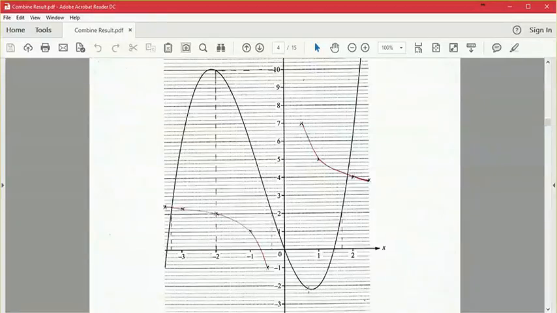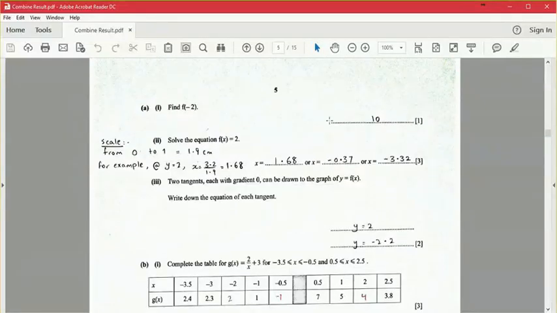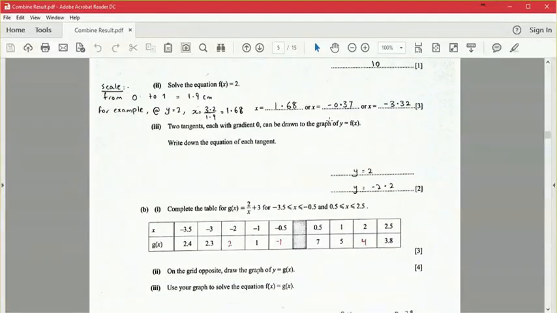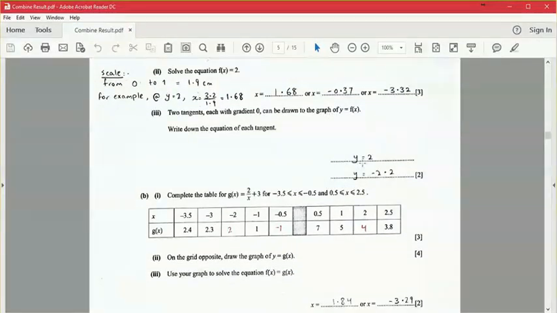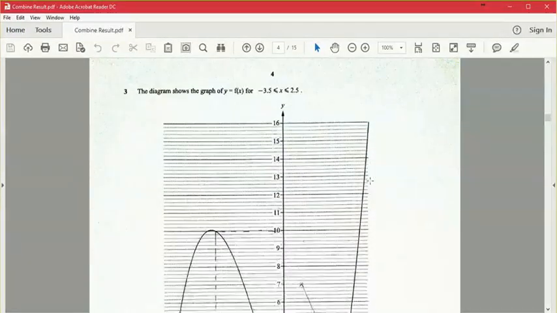So this one is at -2 and this one at 10. To write it, the first one is y equals 2 and the second one is y equals -2.2.